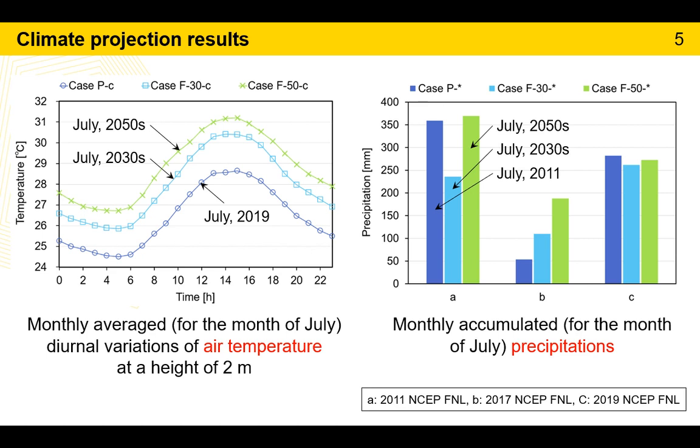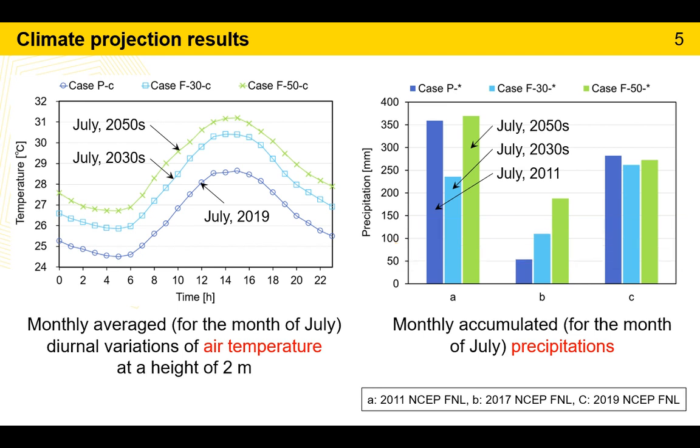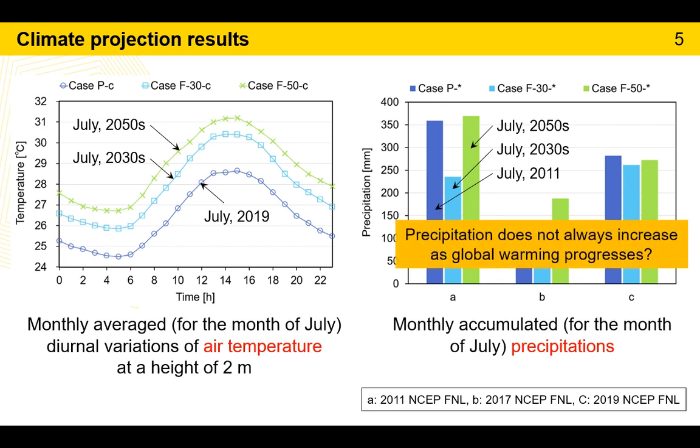However, as far as we see in this figure, the precipitation does not always increase as global warming progresses.